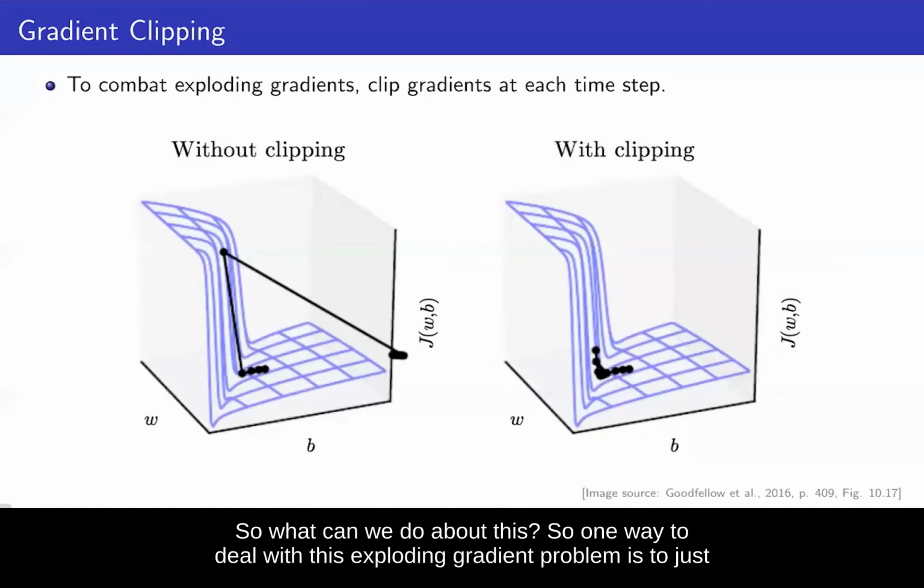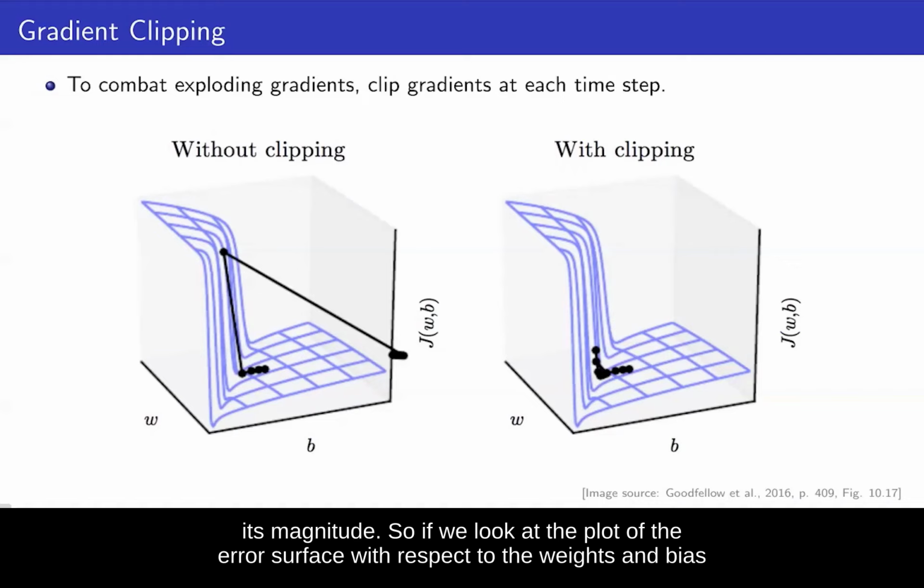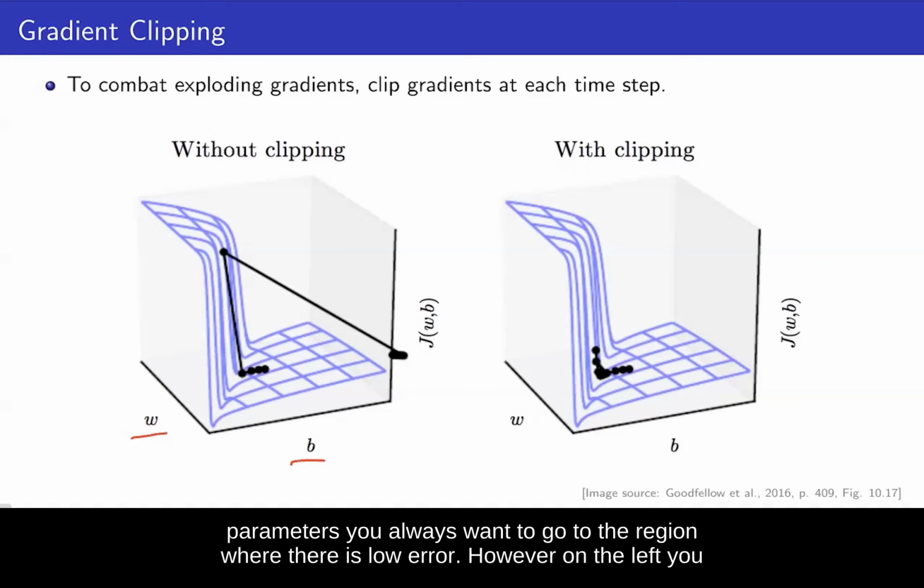So what can we do about this? One way to deal with the exploding gradient problem is to just clip the gradient. Note that we still take the direction of the gradient, but we just restrict its magnitude. So if we look at the plot of the error surface with respect to the weights and bias parameters, you always want to go to the region where there is low error.